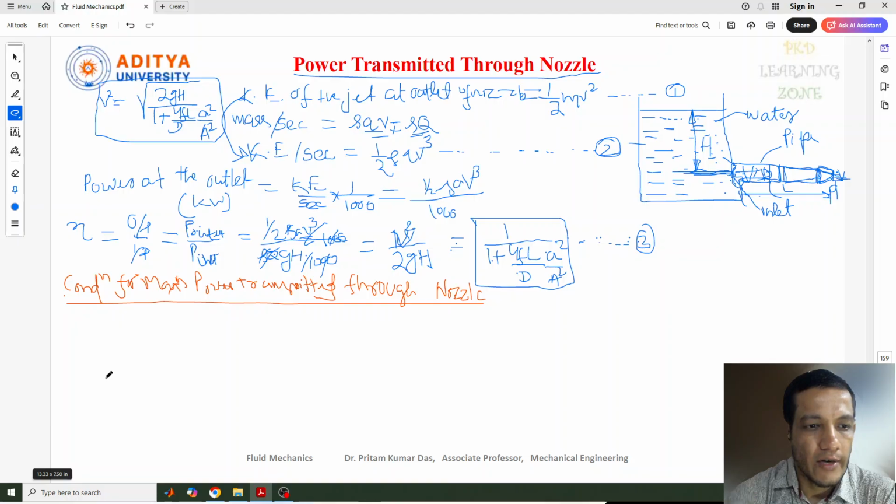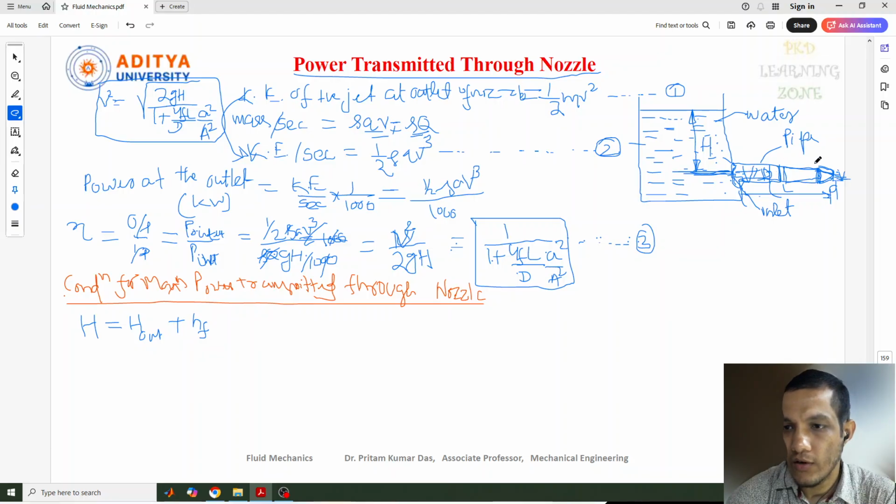We know this already from the previous lecture, where I have written the same thing. The total head at the inlet of the pipe, which is H, equals the total head at the outlet position, plus h_f, because of the losses. h_f is the loss of head during the fluid flow.